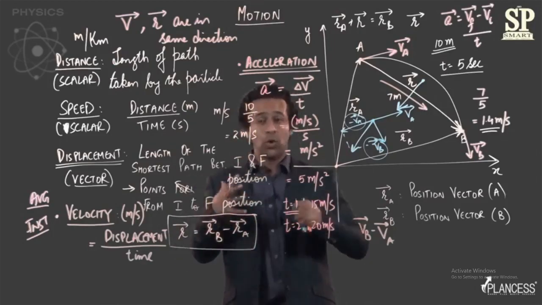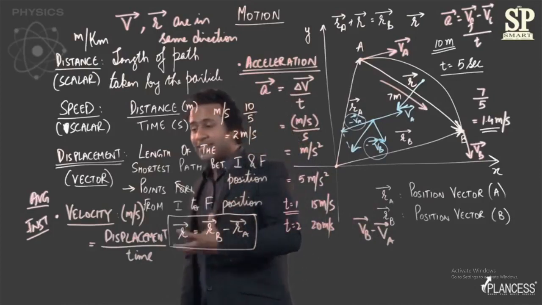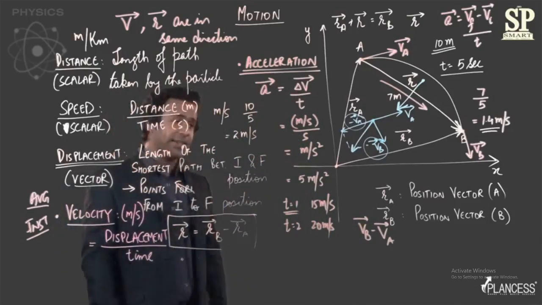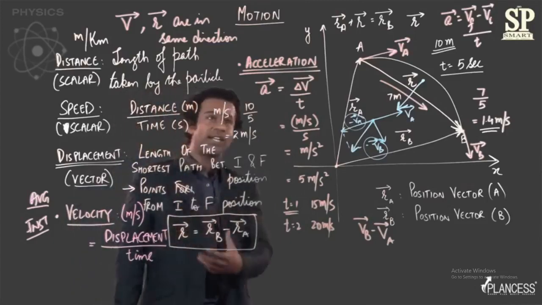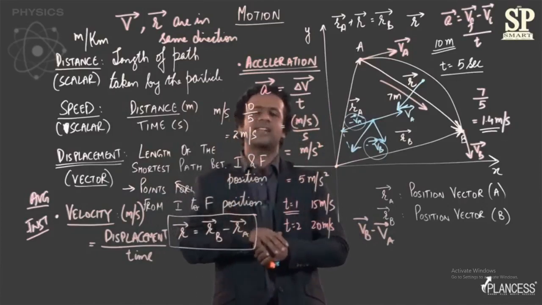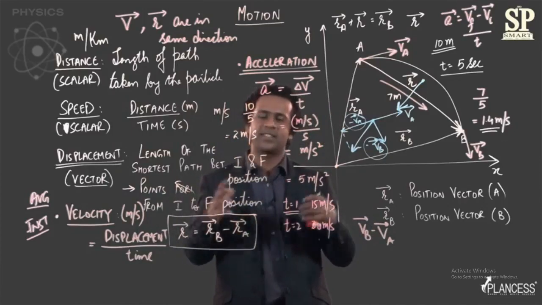And as we go along, it would get slightly more tricky figuring out the direction of these quantities, especially velocity and acceleration. Right. So let's now look at some very simple examples and understand them better.